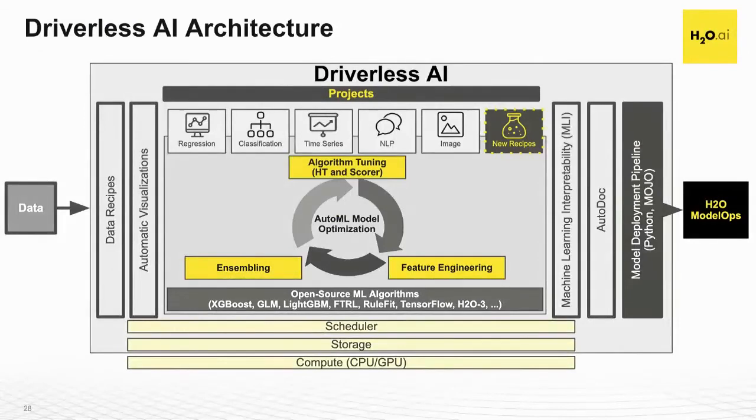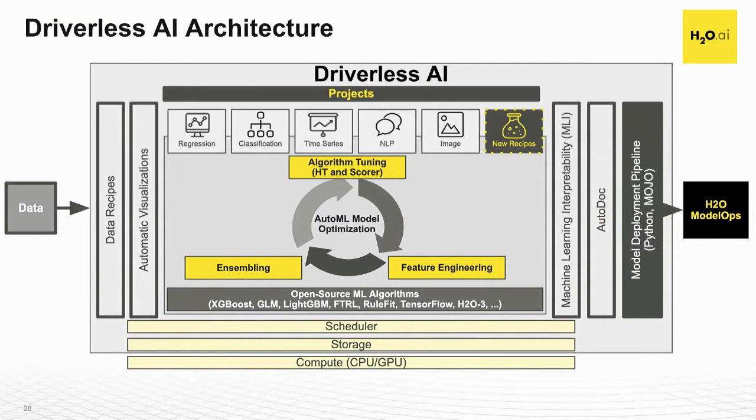As I look at Driverless AI, at the core we have an automatic machine learning model optimization engine. It looks at different algorithms, optimizes for a particular score, does the hyperparameter tuning, does feature engineering, and at the end does ensembling. This can work for regression, classification, time series, NLP, and images.